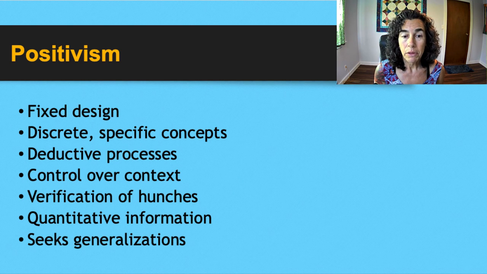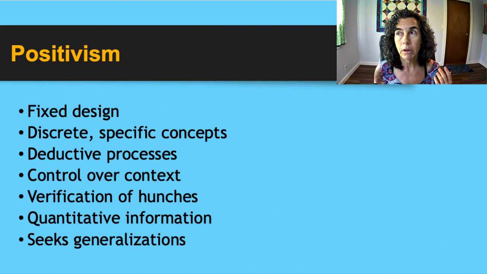You verify your hunches. So another way of thinking about that is having a hypothesis for what you imagine might be true about a group of people or about an intervention. And you verify that hunch or you refute it, right? It's also associated with quantitative information. So in other words, very statistically oriented information that you can put numbers and manipulate mathematically.